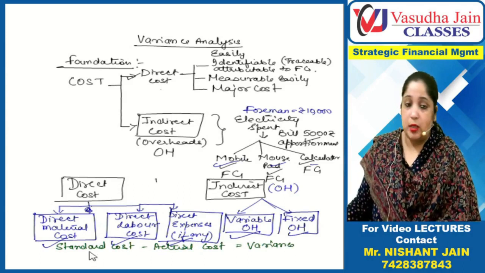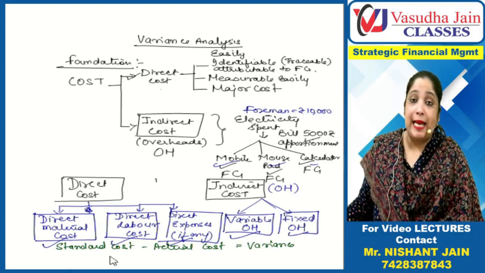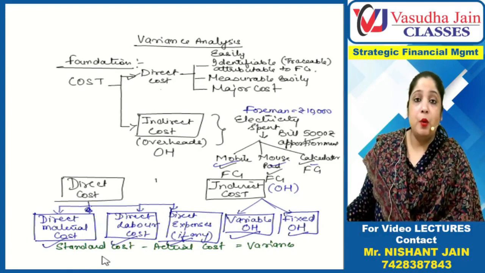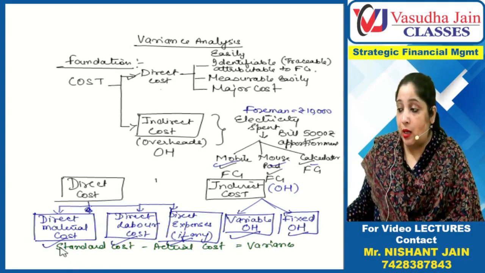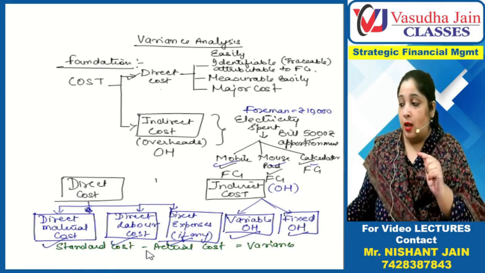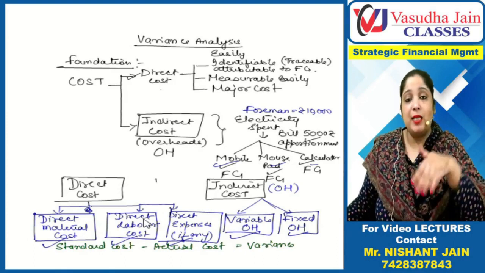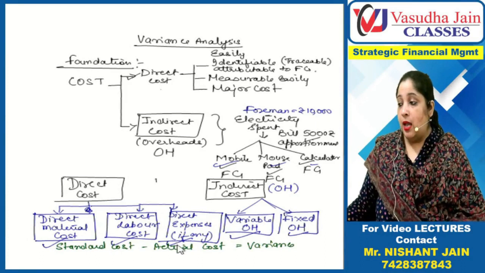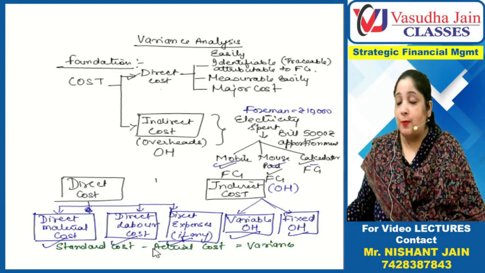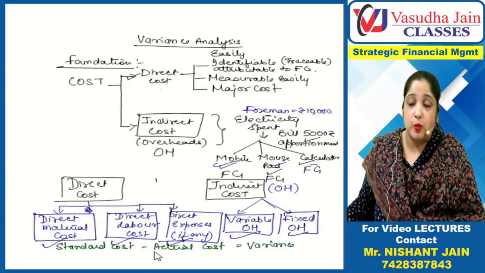For each cost, dear friends, we have to compute how much standard material cost was supposed to be spent and how much actually was spent. Then how much standard labor cost was to be spent and how much actual labor cost was spent. Then how much standard direct expense was to be spent and how much actual direct expense was spent.